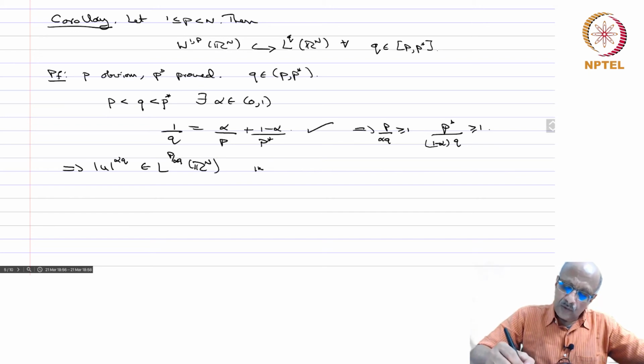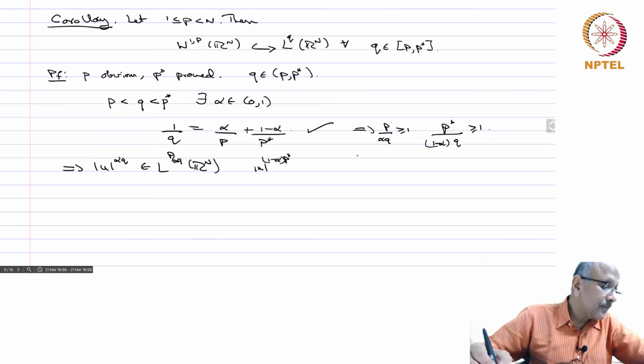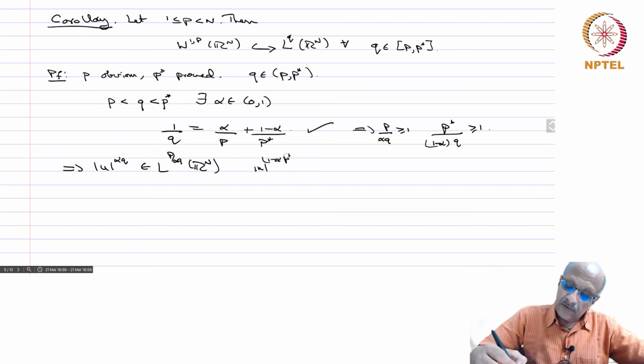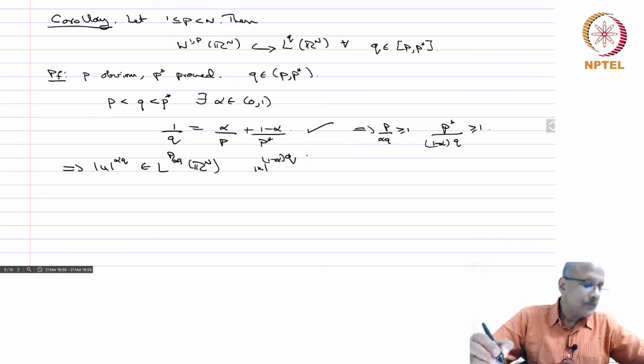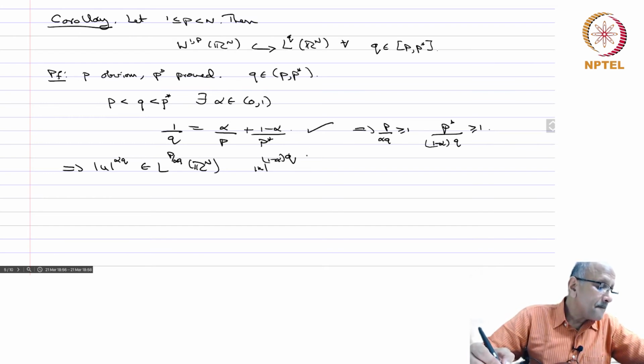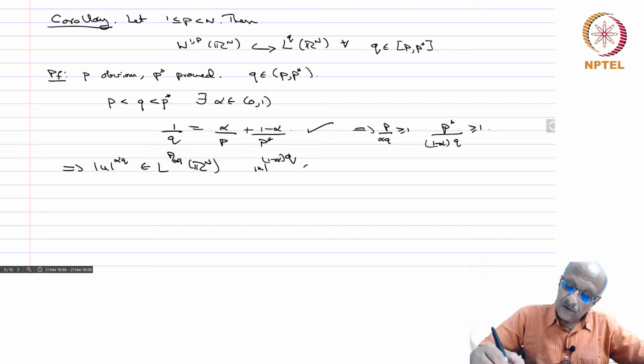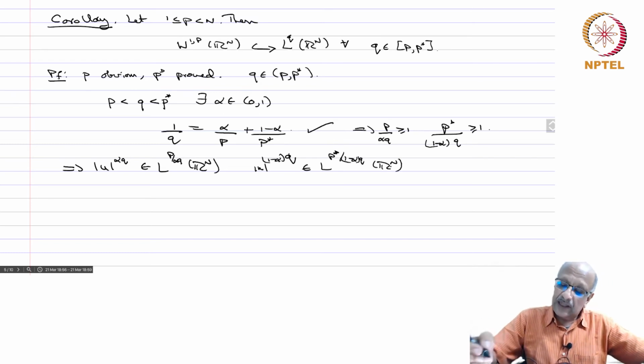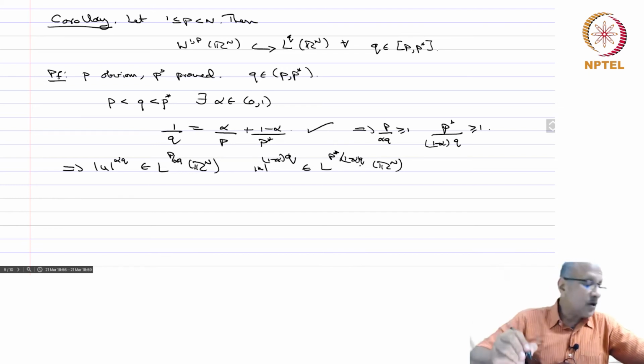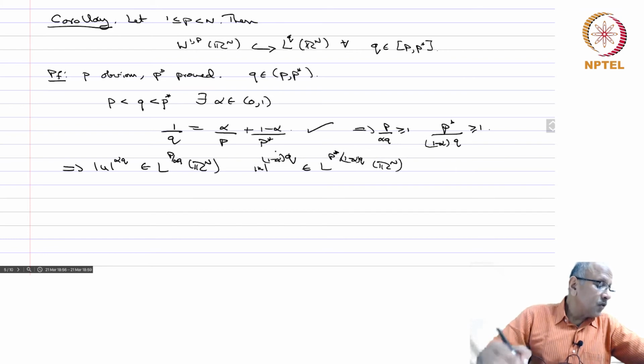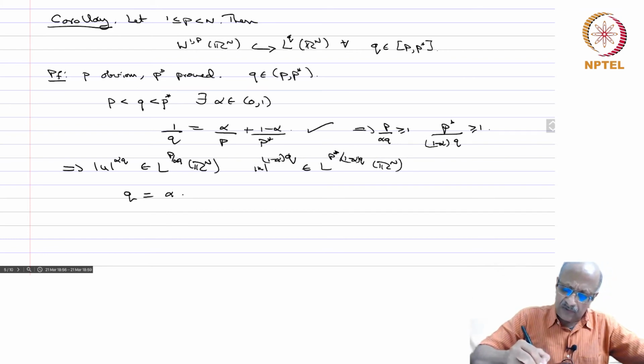Similarly, |u|^{(1 minus alpha) q} belongs to L^{p*/((1 minus alpha) q)}(R^n), for the same reason, because u is in L^{p*}. And you also have q equal to alpha q plus (1 minus alpha) q.